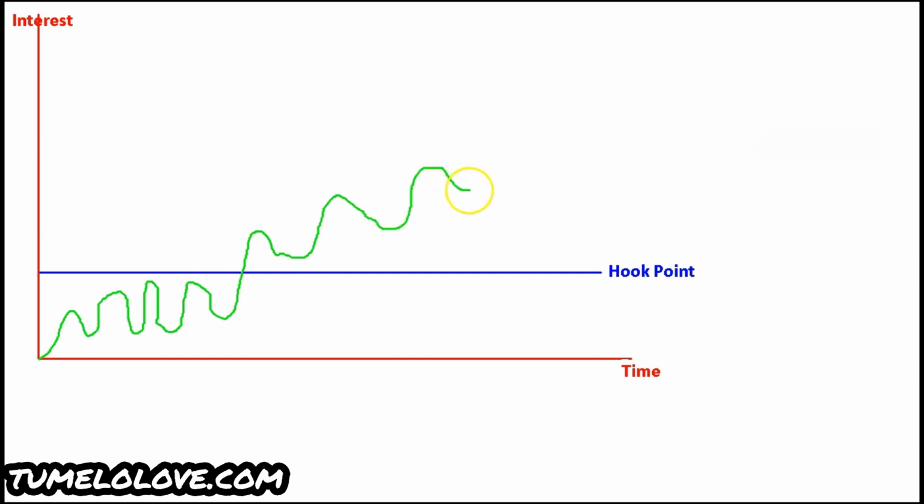And okay, let's just draw it like that. So what you're trying to do here is, in the interaction, you are trying to spike her emotions, okay? And you do that by spiking her interest, okay?